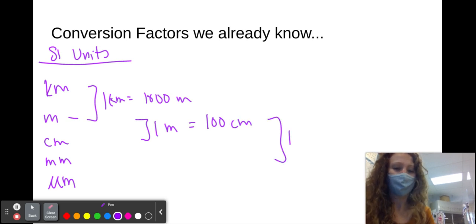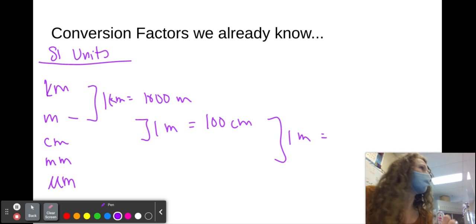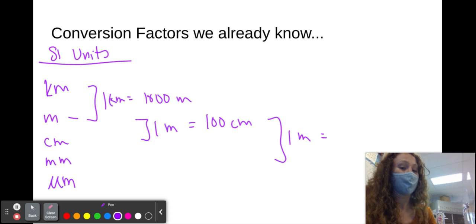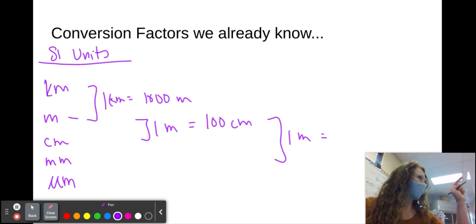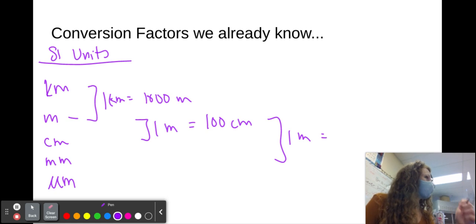If I have 1 meter, how many millimeters do I have? So milli, think of, does anybody speak like Spanish or French or Portuguese? What's 1,000? Yes, and it starts with MIL, right? So that prefix MIL means 1,000.